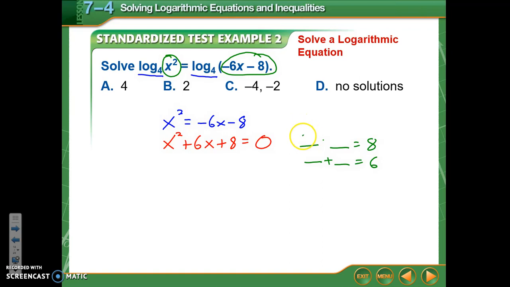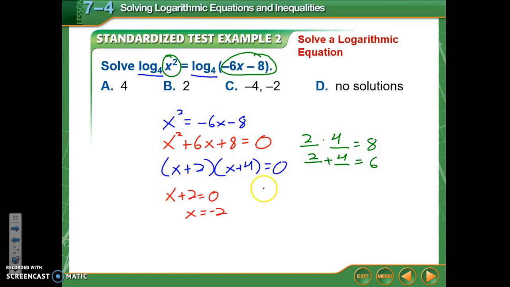That would be 2 times 4, 2 plus 4. And since my leading coefficient is 1, I know that my binomials have to be x plus 2 times x plus 4 equals 0. Since I factored and it's equal to 0, I use the zero product property, so x has to equal negative 2, or x could equal negative 4.